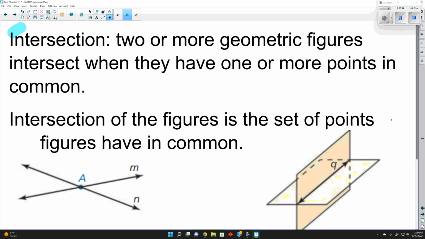So the two lines that intersect, they intersect at a point. That would be a point of intersection. Now, the two planes there intersect at a line. So that would be their line of intersection. This is the intersection of figures. They can intersect in a line, a plane, or a point.